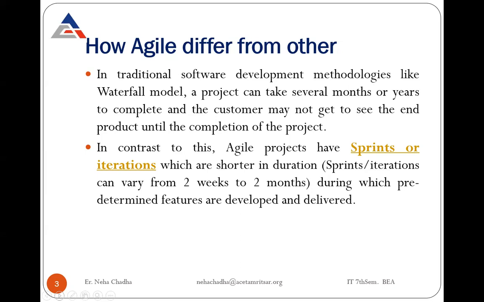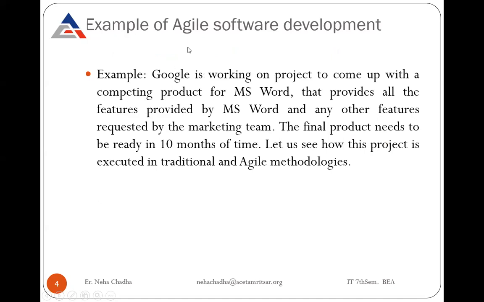We will check it by one example of agile software development. We take the example of Google. Suppose Google is working on a project to come up with a competing product for MS Word. That means Google is going to develop a product that provides all the features provided by MS Word and any other features requested by the marketing team.